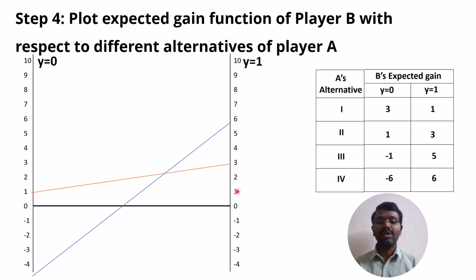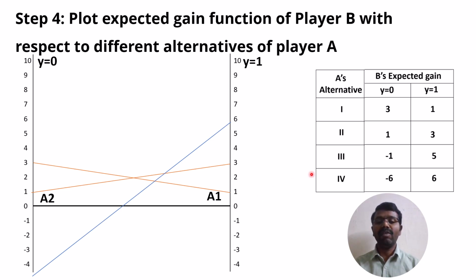So that becomes the a1. Then the second one is 1 at x equals y equals 0, 1, and at y equals 1, the value will be 3. So this becomes a2, and a2 is written here.